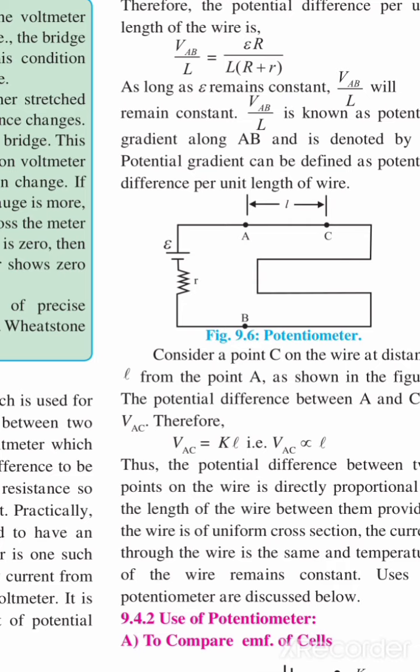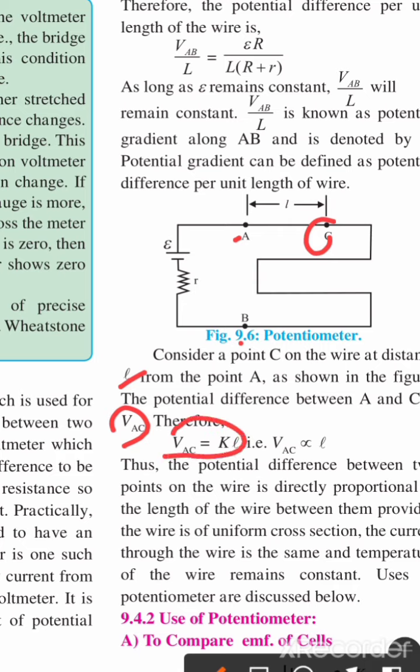In figure 9.6, consider a point C on wire AB at a small distance l from point A. The potential difference between A and C is given by phi_AC, while the potential difference along wire AB is phi_AB. Therefore, phi_AC is equal to K into l.